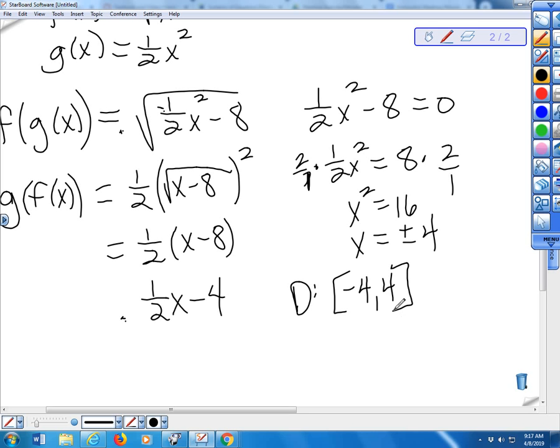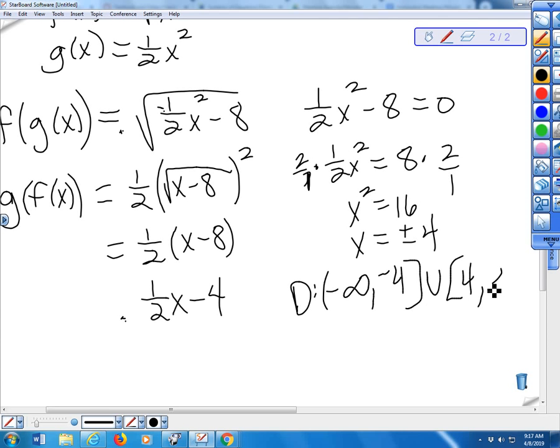That's something I can do, so it's going to include negative 4. Negative infinity to negative 4, union with 4 to infinity. That's where my domain is, because between negative 4 and 4 my function's negative. Graphing these sometimes really helps you figure out where the domain is.